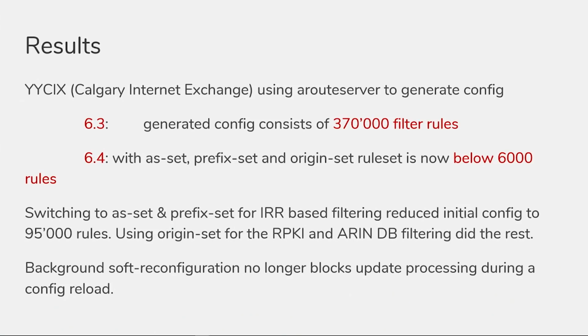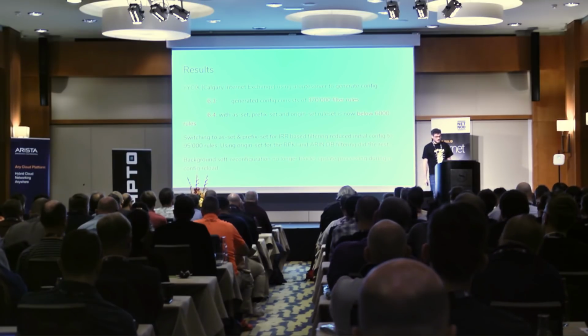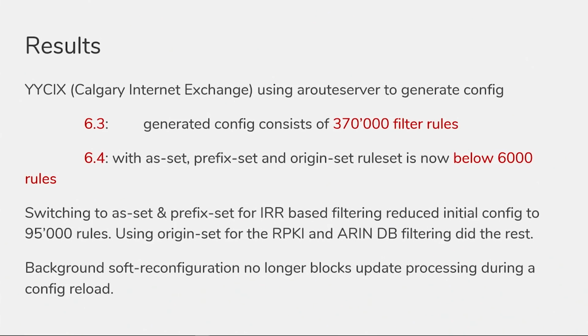As I said, the original rule set files in 6.3 had these 370,000 filters. And now in 6.4, thanks to the use of AS sets, prefix sets, and origin sets, we were able to get that below 6,000.